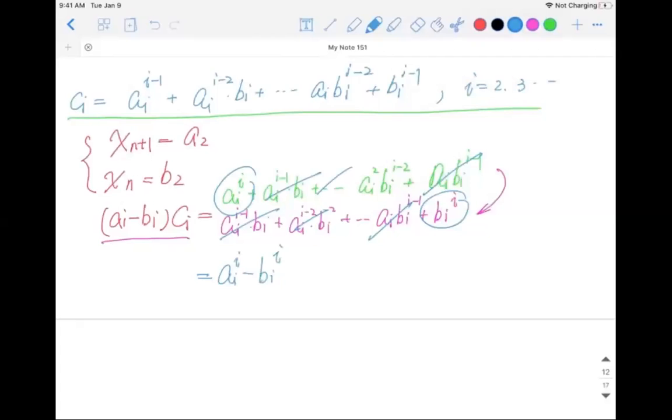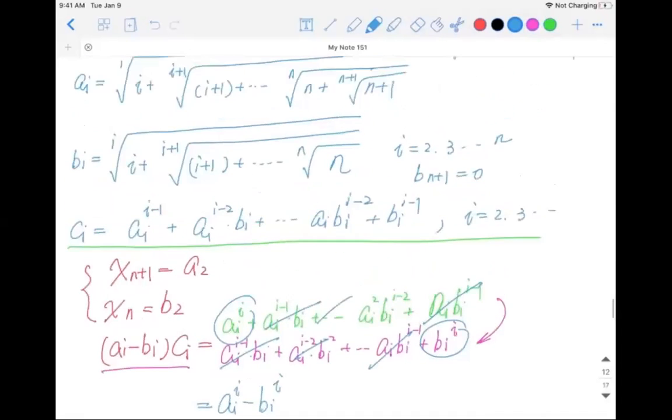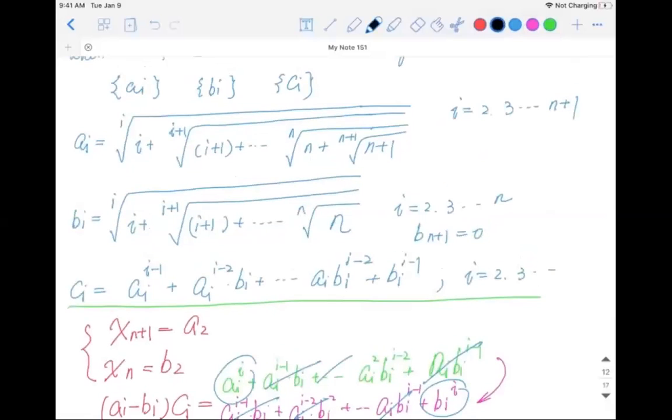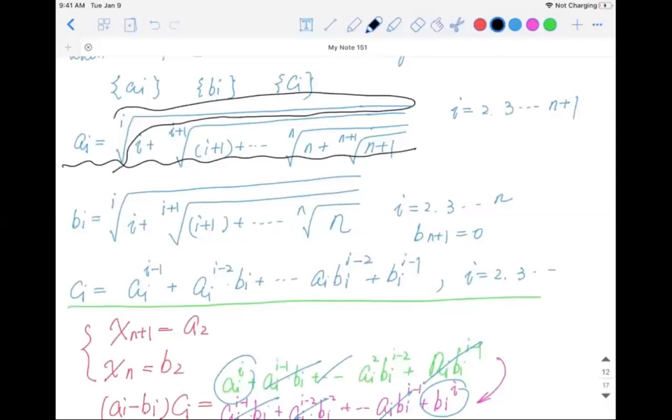So far, so good? Okay, moving forward, this AI to the power of I, what is AI? AI is here. To the power of I, you basically eliminate this part, right? You cross out all those I under root. You only have I plus 1 under root all the way.